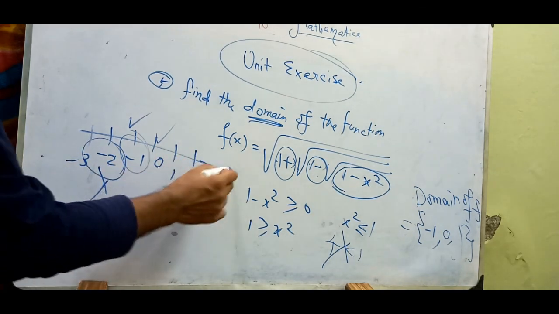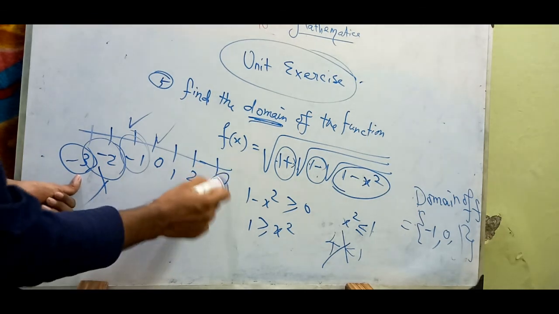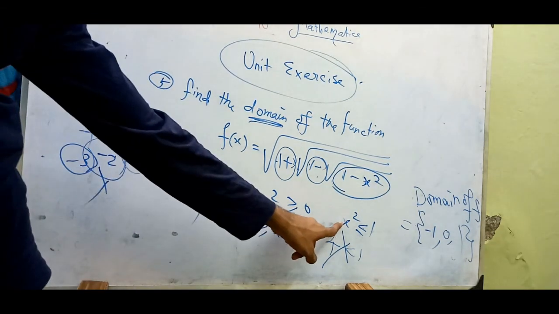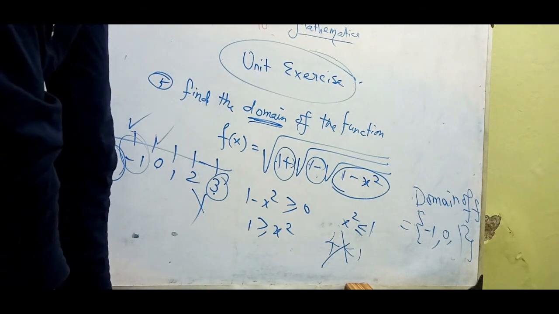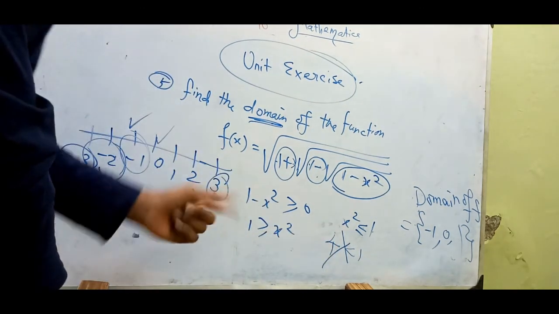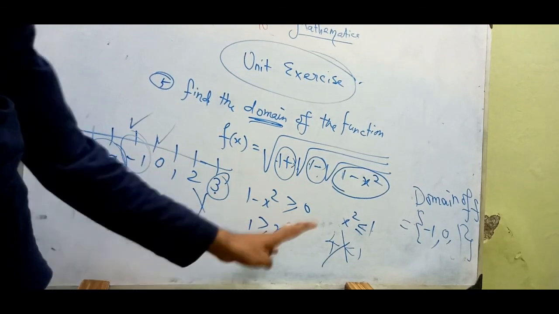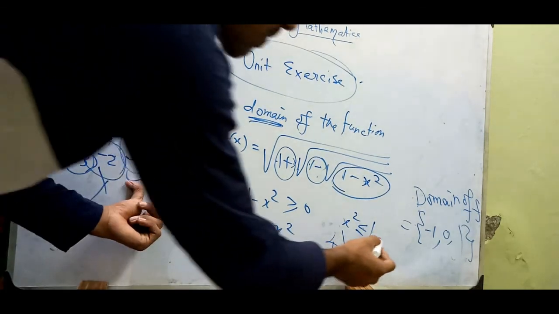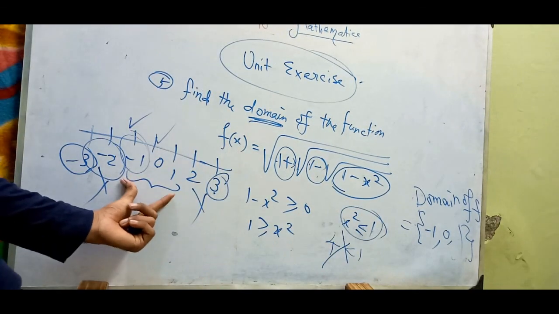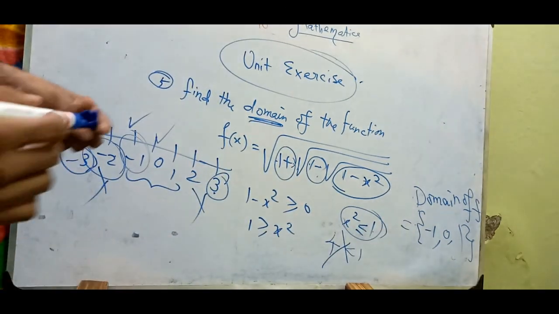If you want to take minus 3 to plus 3 that is also no problem, but clearly if you take 3 or minus 3, its square will be 9. 9 is not less than 1, 9 is greater than 1. According to this condition, 3 and minus 3 fail, as well as 4 and minus 4, 5 and minus 5. Only these three numbers satisfy this inequality. So therefore minus 1, 0 and 1 is the domain of the function f.